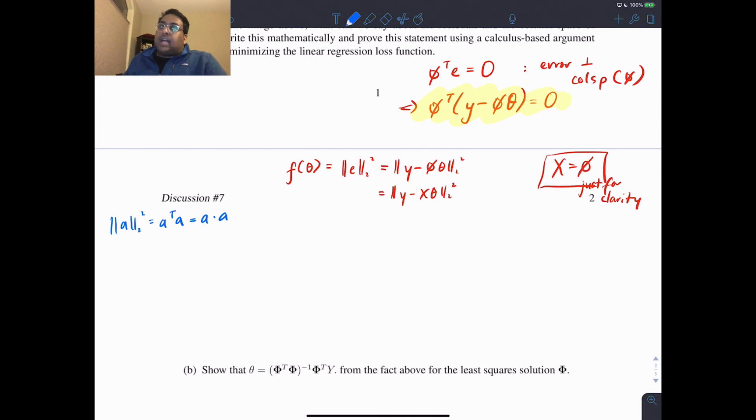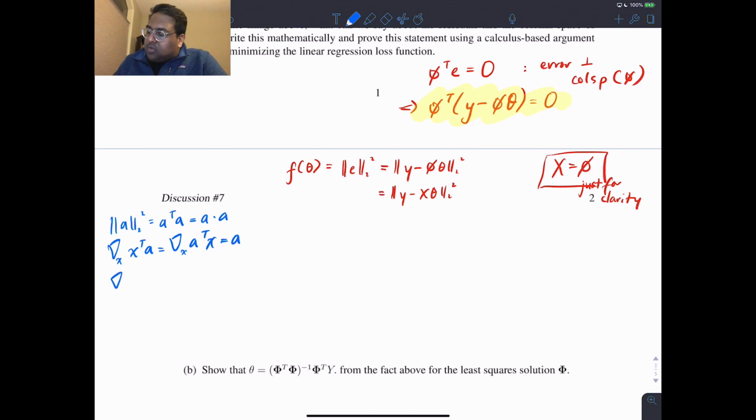The next one, which we'll actually derive in question 3 of this discussion, so you can skip ahead a little if you want and then come back to this question, is the gradient with respect to x of x transpose A, which is the same as the gradient with respect to x of A transpose x, is just equal to A. And this is a fact that we prove, again, in the second last question of this discussion.